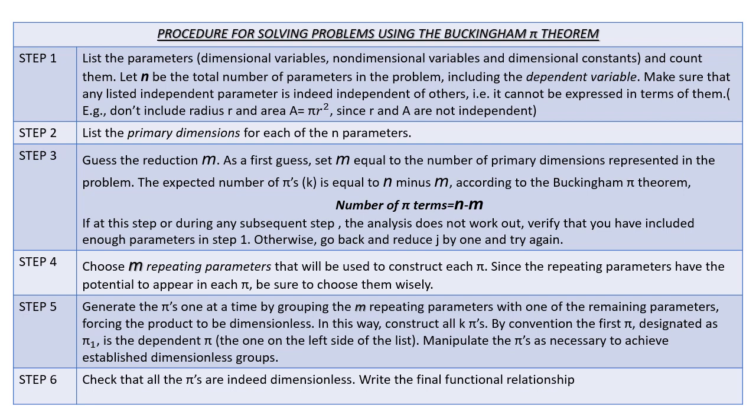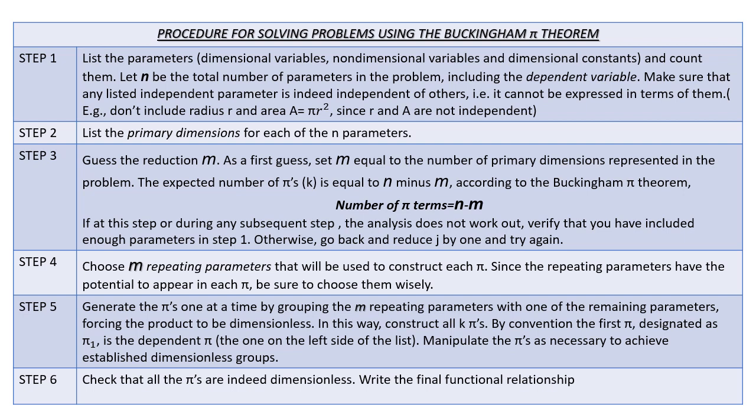Next you need to identify the pi terms. How many pi terms are we going to get? For that we need to identify the number of primary dimensions, which we call m.